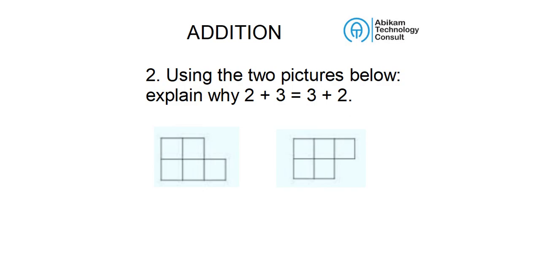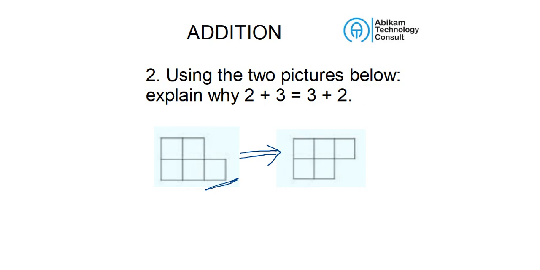If you look at the left hand side, when you flip it, you arrive at the right hand side. So flipping means you are turning upside down. When you turn this upside down, you have the right hand side figure. So this really tells us that when you flip, you arrive at the same answer.